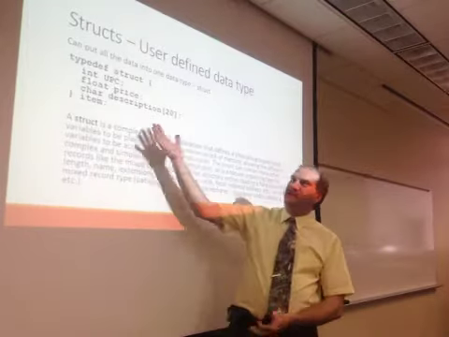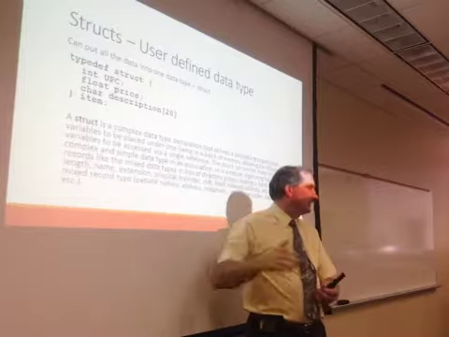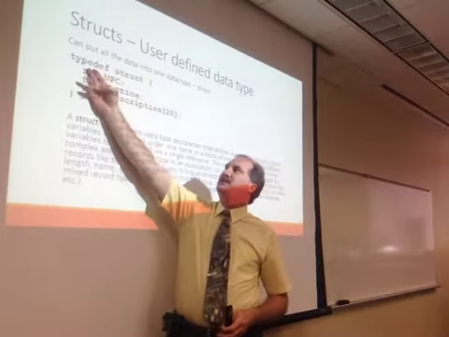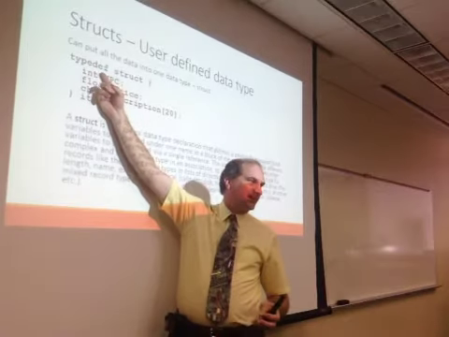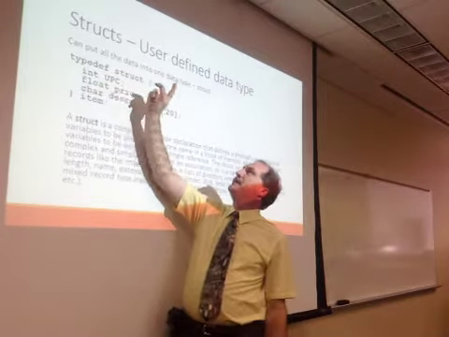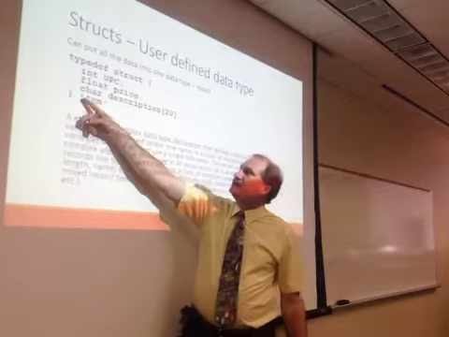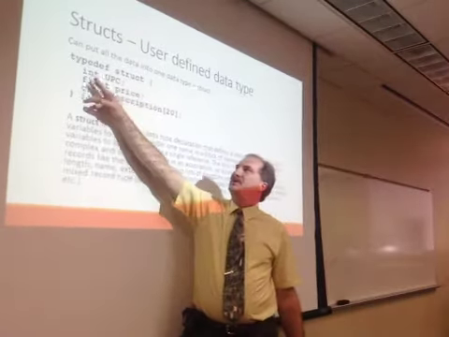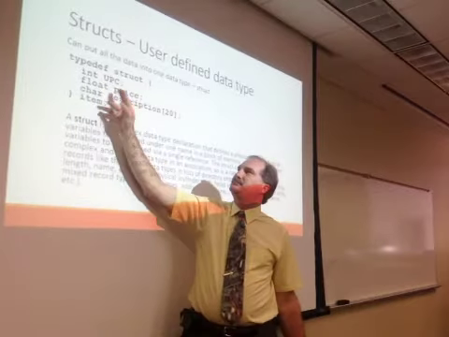And right here's the syntax for doing that. So typedef struct, give me a new data type that I'm going to define myself, a user-defined data type, struct. Within here, then you list your different parts that you want, what they are, and what you're going to call them.